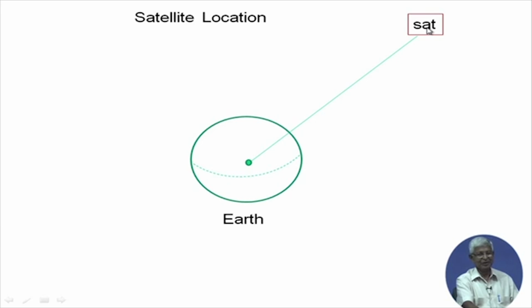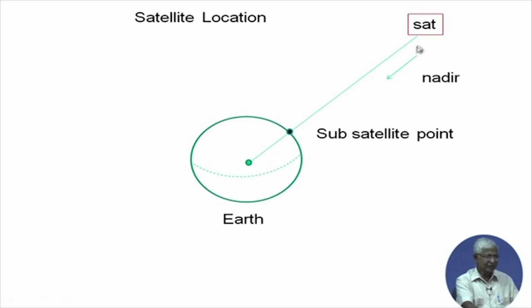There are many different coordinate systems, but a very commonly used terminology is this: if we draw a line from the satellite to the center of the earth, at some point it cuts the earth surface. That is called the sub-satellite point, as if somebody is looking from the satellite directly to the center of the earth.